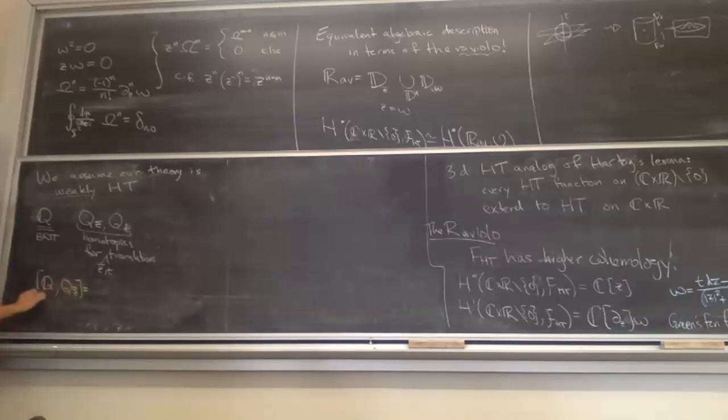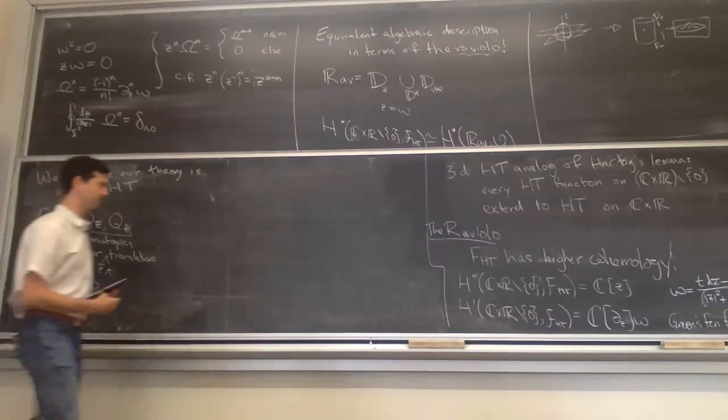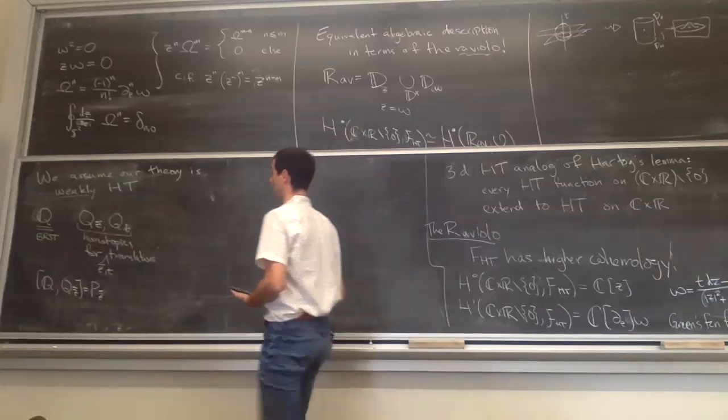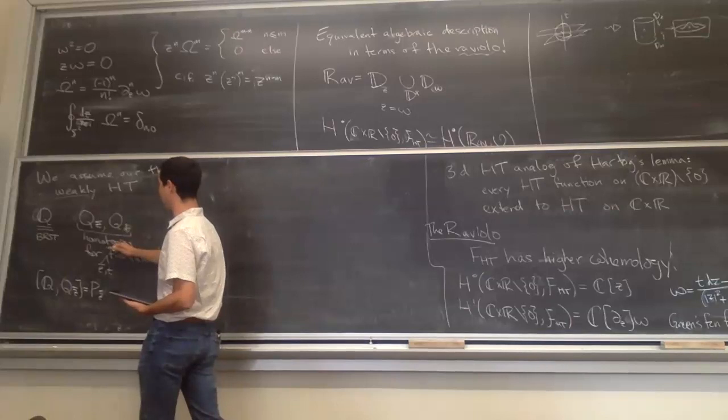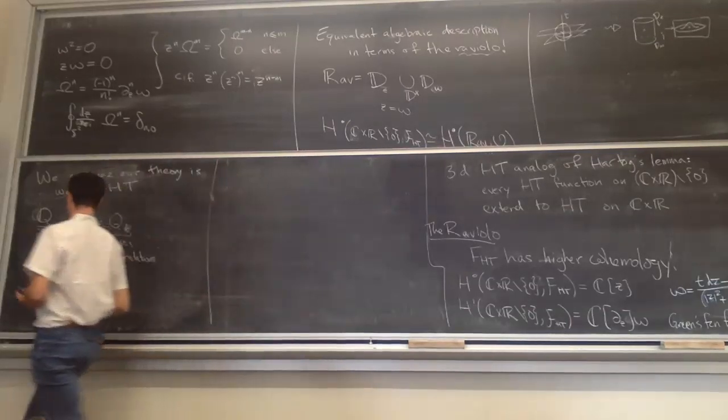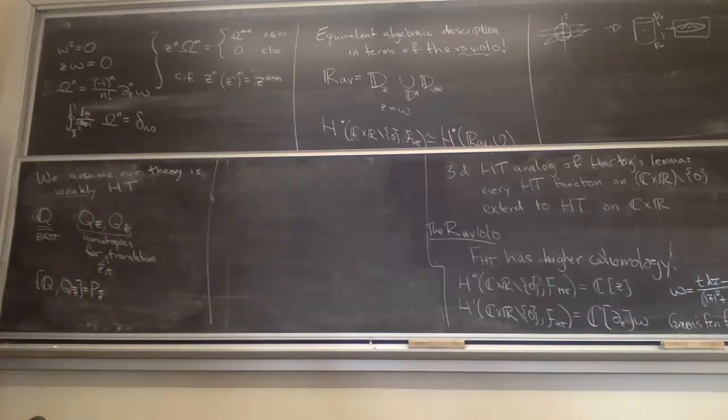So the bracket of Q with Q_zbar is momentum in the zbar direction, and similarly for the t direction. And the real utility of this is that it makes trivial translations in the anti-holomorphic and smooth coordinates Q-exact.